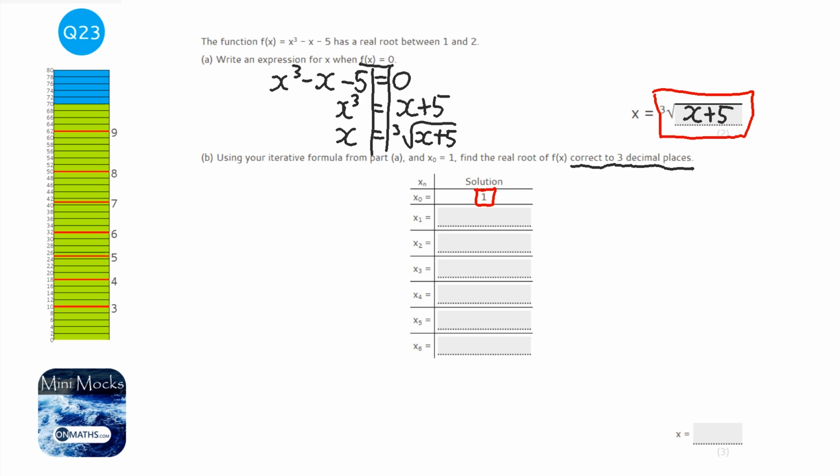So cube root of 1 plus 5, and that gets me 1.81712, blah, blah, blah. Now I need to keep that answer. So what I'm going to do is press the cube root button, then click inside the root, and click answer plus 5.